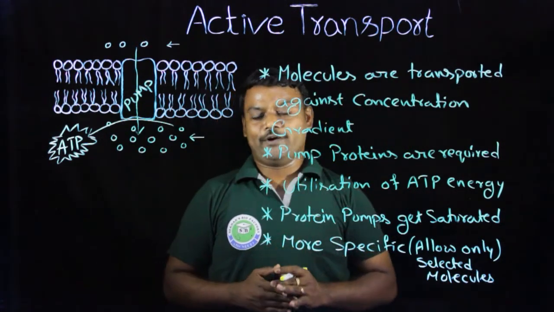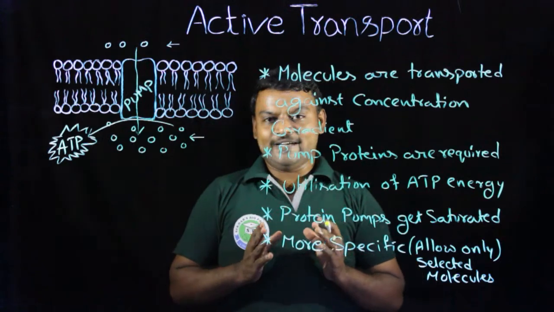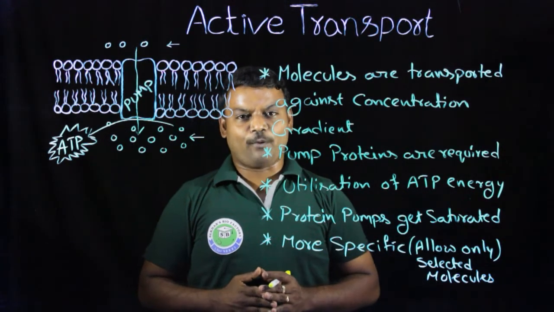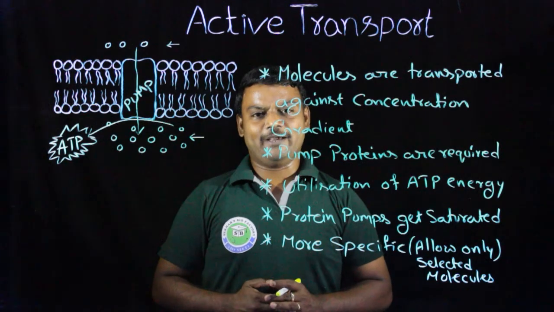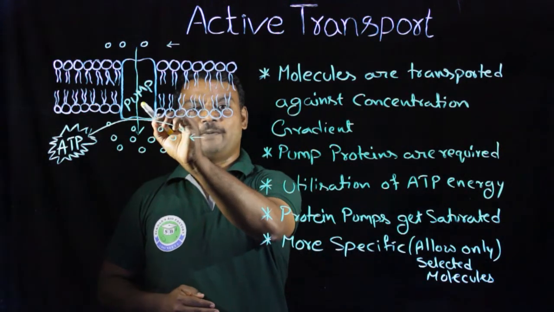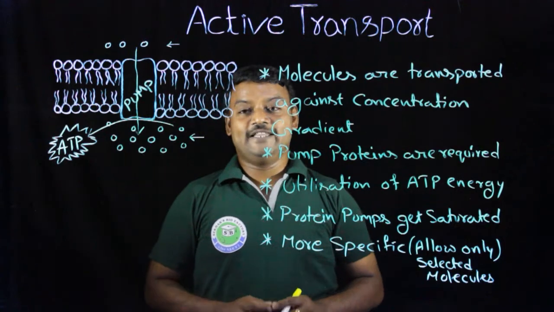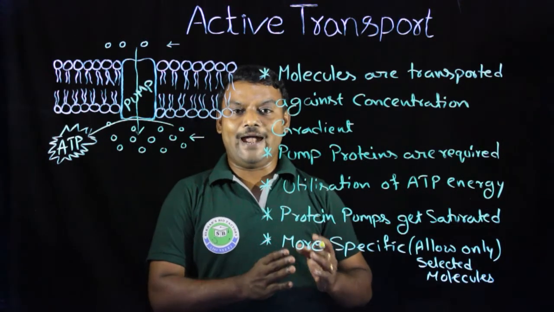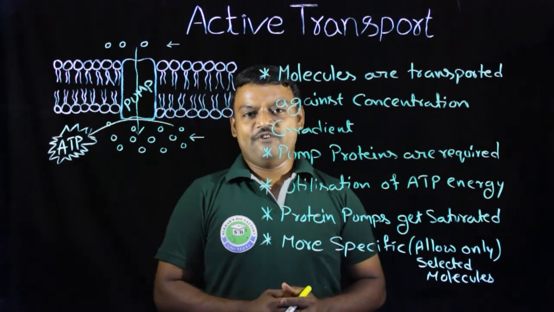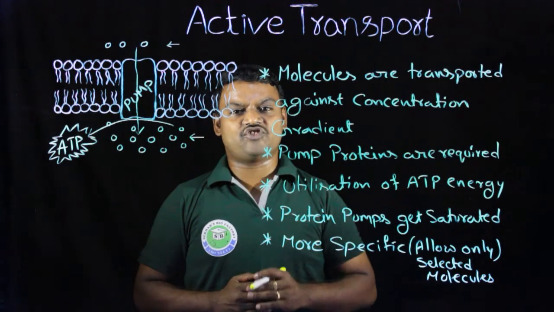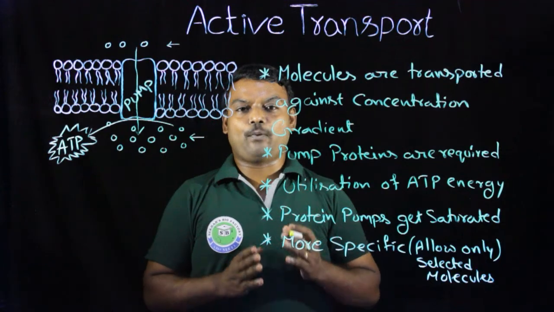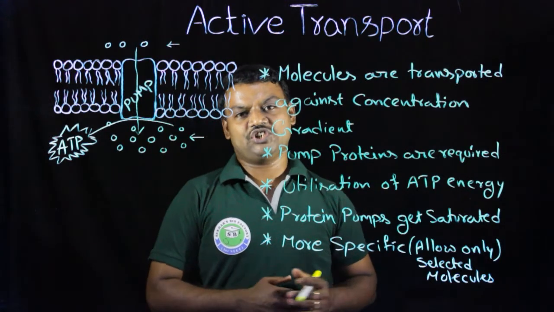And one more very important thing, this entire active transportation process is more sensitive to inhibitors. Why? Because the protein pumps present in the plasma membrane have lateral side chains. If any inhibitor binds on these lateral side chains, immediately the process of transportation will be stopped.